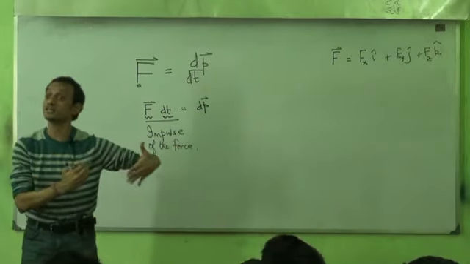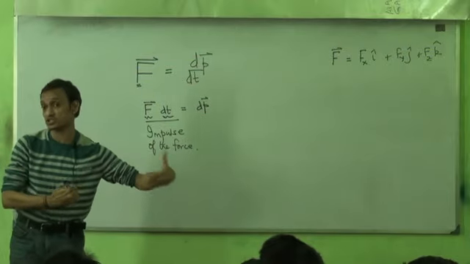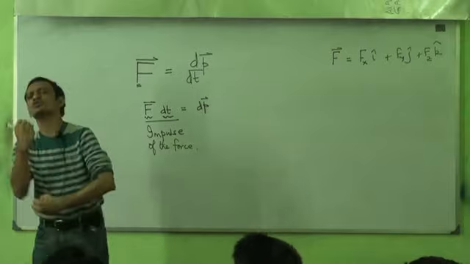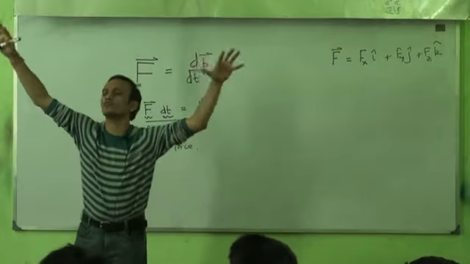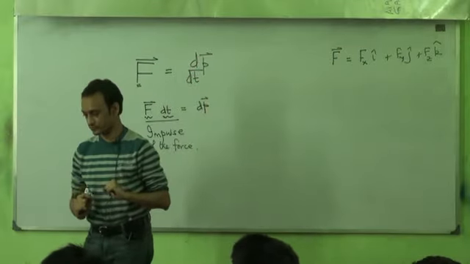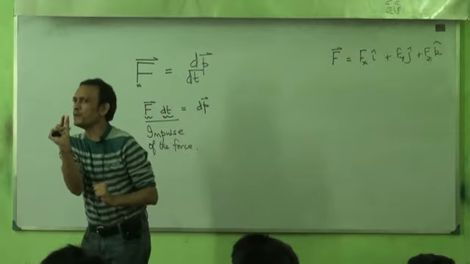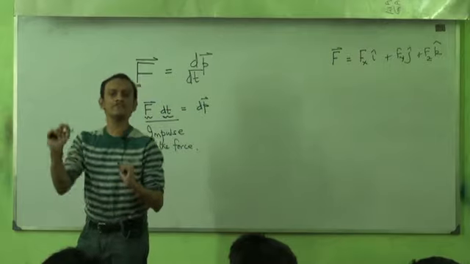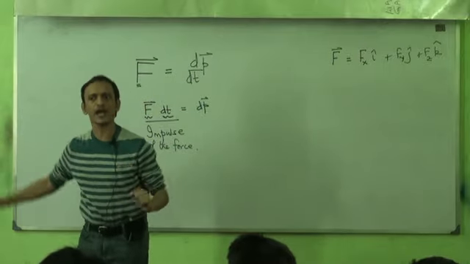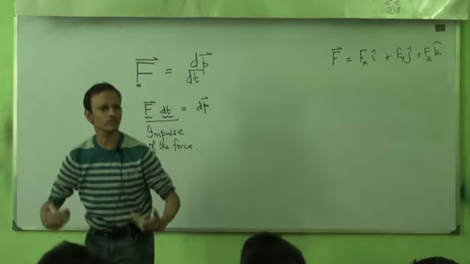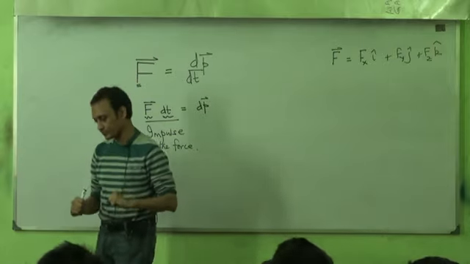There could be a net unbalanced force acting on a system in a certain direction, the magnitude of which is much smaller compared to other forces acting on the system. Wherever that happens, the impulse of that force, F into the time over which it acts, can be ignored for practical considerations.